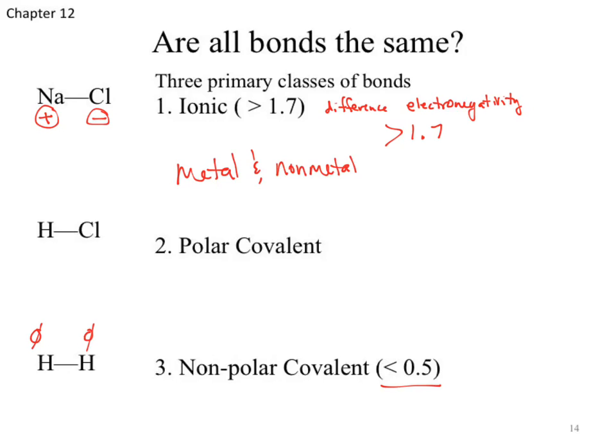We could look at noble gases, except noble gases don't form bonds. Remember, they're noble, they're inert, they don't want to deal with anybody. When the atoms are the same, when we look at a hydrogen bonded to a hydrogen, what's the difference in electronegativity? Nothing, because they're the same atom. They have the same electronegativity. What would I expect for a nitrogen-nitrogen bond?